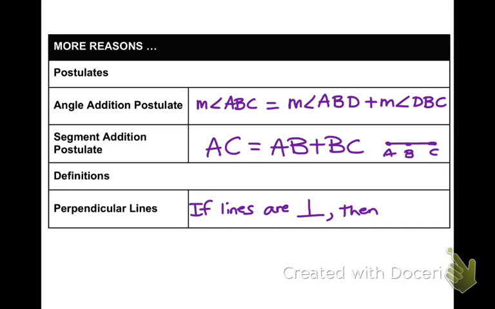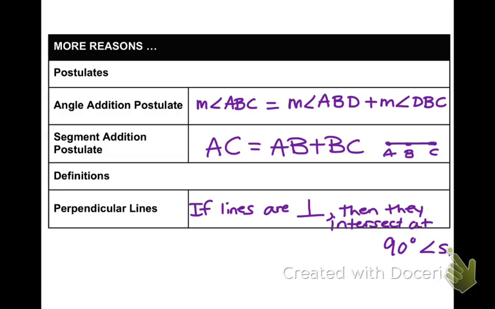They intersect at 90 degrees. Then they intersect at 90-degree angles. I'm going to use this symbol a lot for angles. You are welcome to do the same. Just an angle with an S there for the plural of angles. Okay?